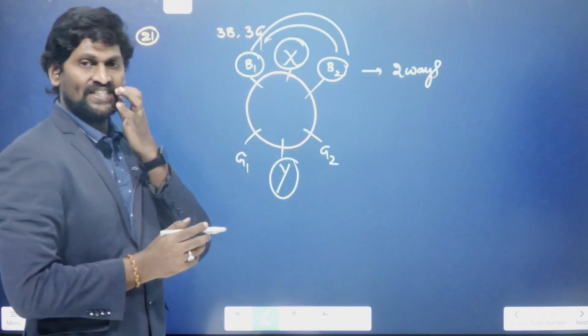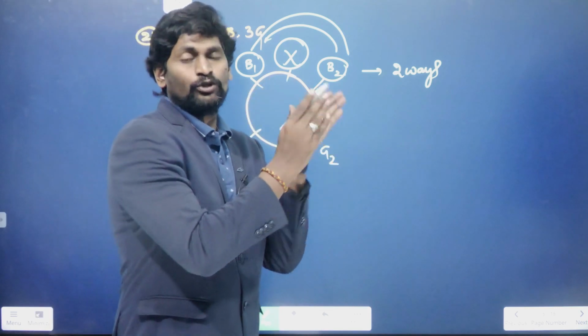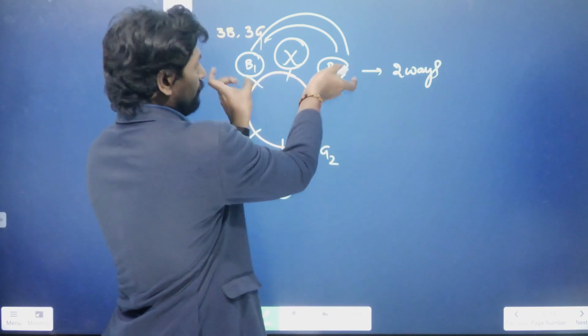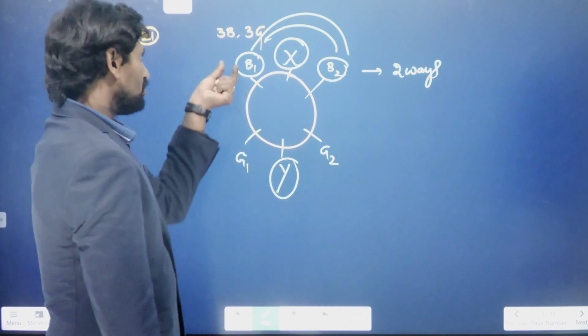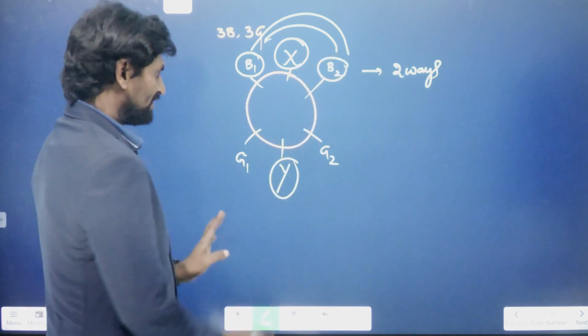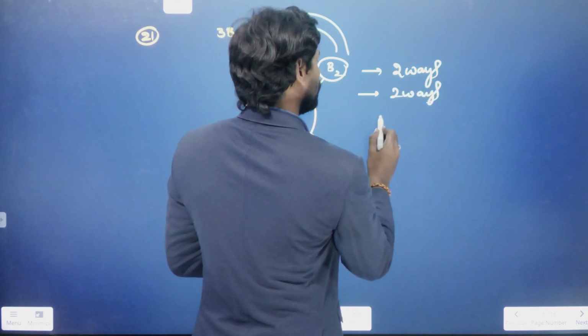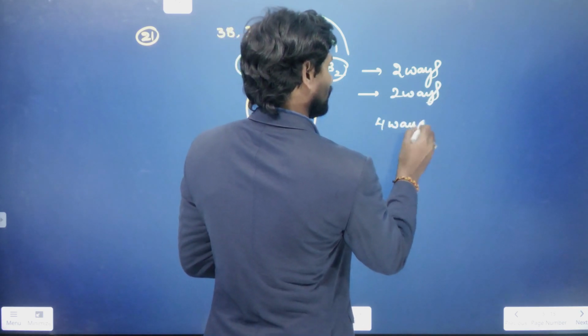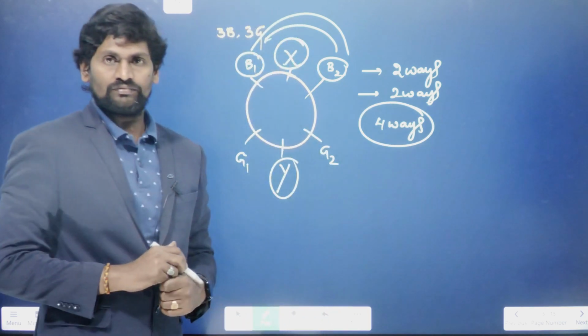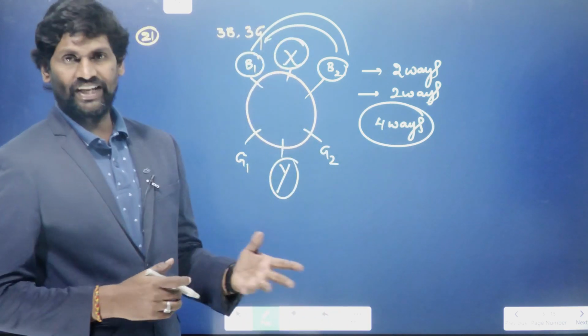X is fixed because he just sits between 2 boys, but the remaining 2 boys can be interchanged. So B1, B2 have 2 ways, and in the same way girls G1, G2 also have 2 ways. So 2 into 2, 4 ways. Such types of arrangements we can make.